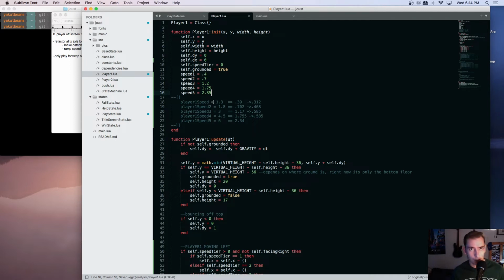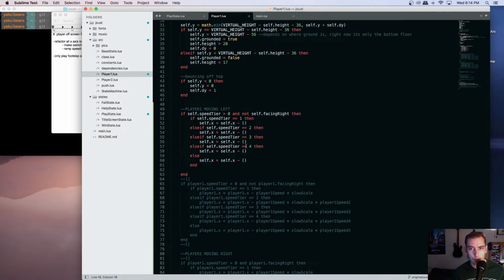Now the thing is, I'm not exactly sure if I can just call variables like that within the init function. Because in C, you've got to do the prototype at the top so the compiler knows, but Lua is an interpreted language, so maybe we don't have that problem. Let's see. So then, speed tier 1 gets shifted by speed 1.